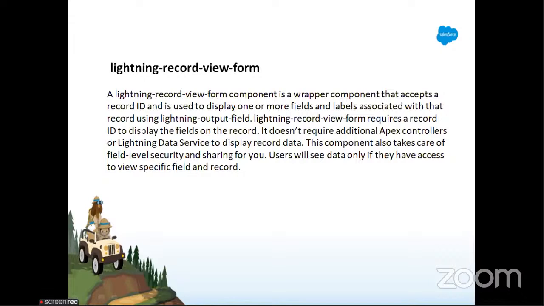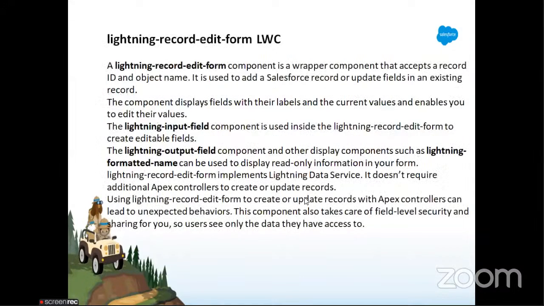So in that scenario, even though the field is on the record view form, you are not able to view it. The reason behind that is field level security, right? So with the help of record view form, we are authorized to view a specific record that is associated with your ID, and it will show only those fields that are a part of your component.